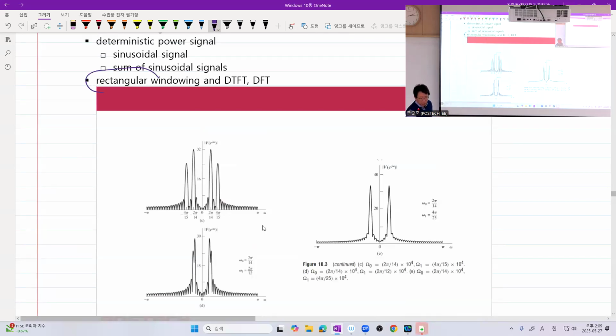Even though a rectangular window has a good main lobe, anyway, it has some width. So the original signals, two sinusoidal signals, have smaller and smaller gap between their center frequencies. Then we may not notice that there are two sinusoidal signals.